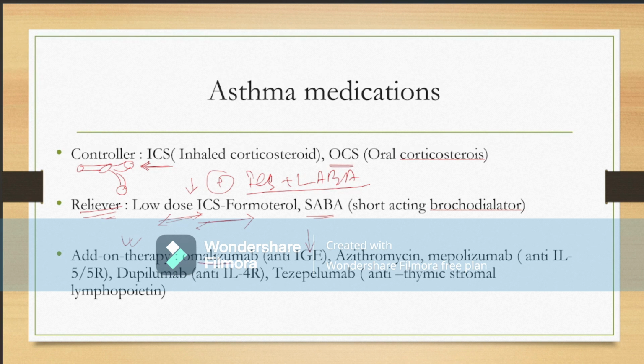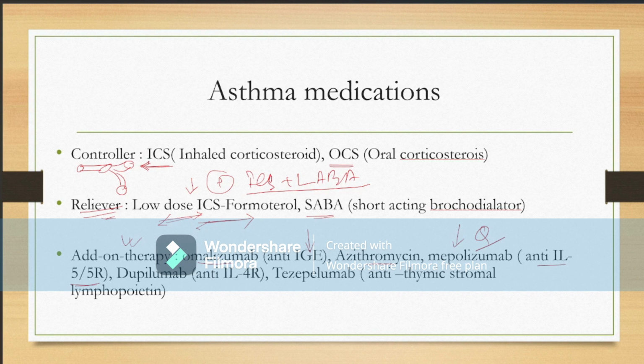We can give azithromycin to decrease the viral infection, and we give anti-interleukin 5 and 5R. What does interleukin 5 do? It increases the eosinophil chemotaxis. So we give the anti-interleukin 5/5R receptor antagonist, that is mepolizumab.